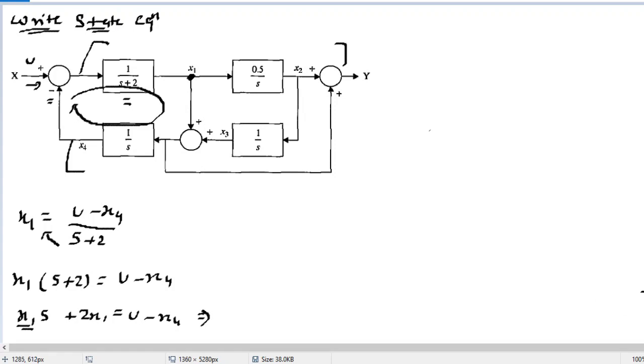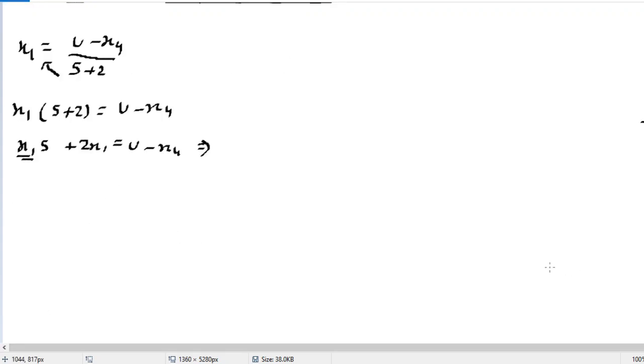It's a differential equation of x1: x1 dot equals u minus x4 minus 2 x1. So here we get the equation for x1.